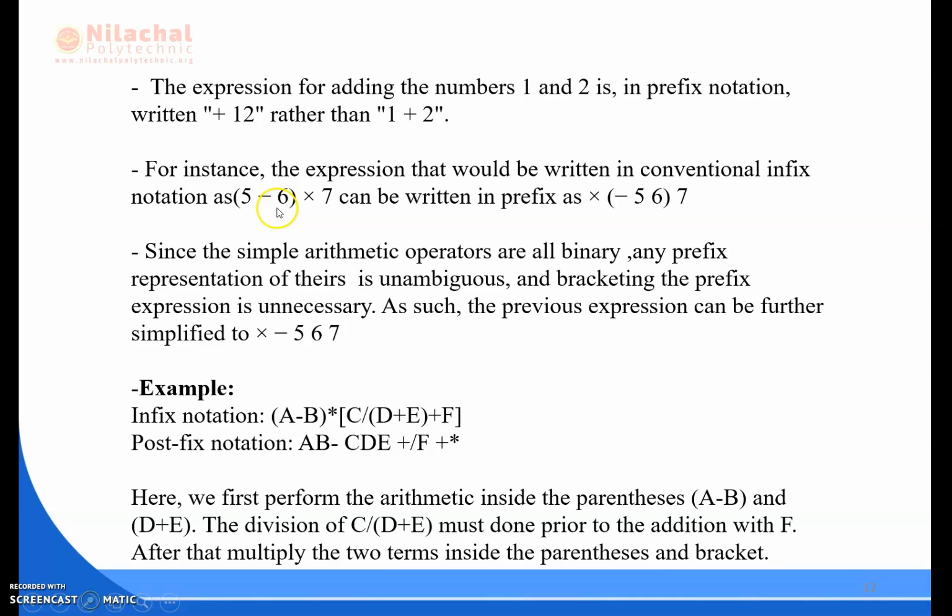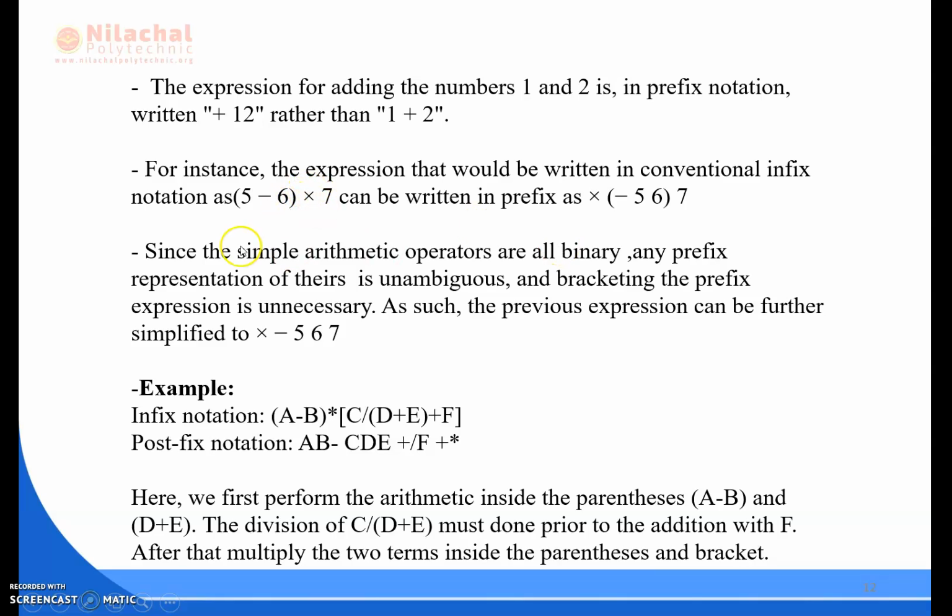Then this solved expression, minus 5 6, is one operand and 7 is another operand. So here we have to solve again.